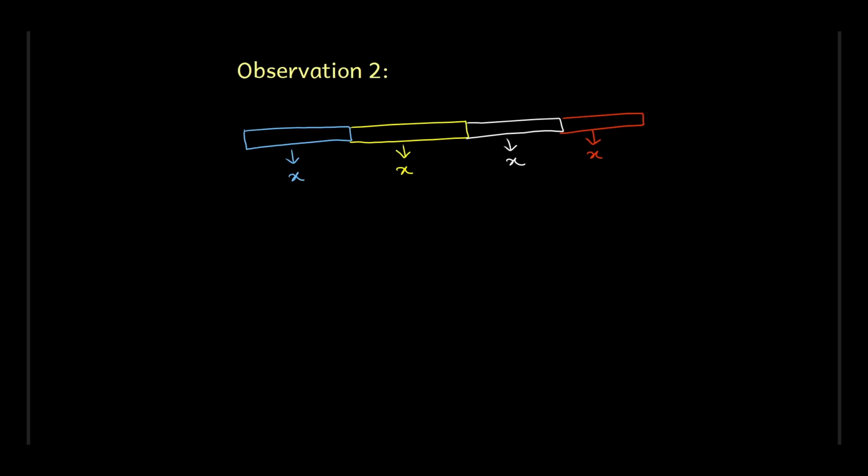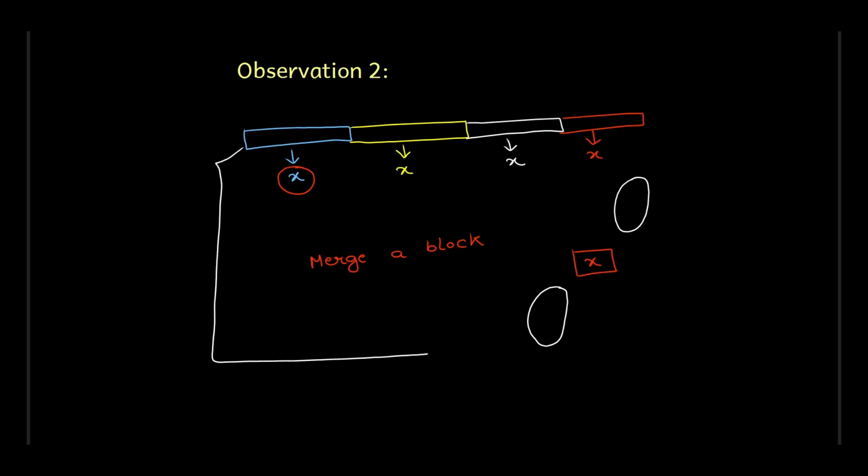Now let's see what happens when you merge a block. If you notice the interpretation of median, what did I say before? That median represents the central element. So if you have X over here, this means that half the elements are smaller than X and the remaining half is greater than X. And this is true for this blue block.